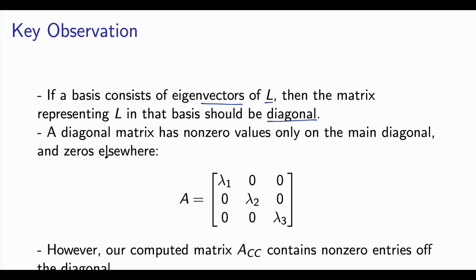Now, what is a diagonal matrix? It has non-zero values only on the main diagonal, like this, and zero elsewhere.